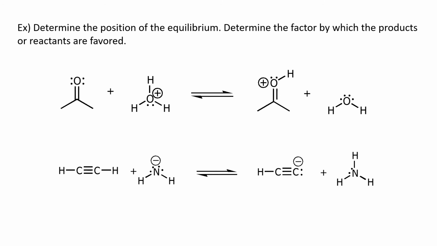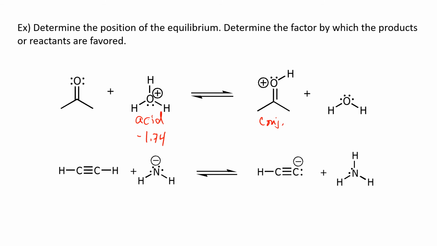All right, hopefully you were able to give this one a try. We're going to find the acids on both sides. So here's our acid on the left, and this is our conjugate acid on the right. The hydronium ion has a pKa of negative 1.74, and that is acetone, protonated.